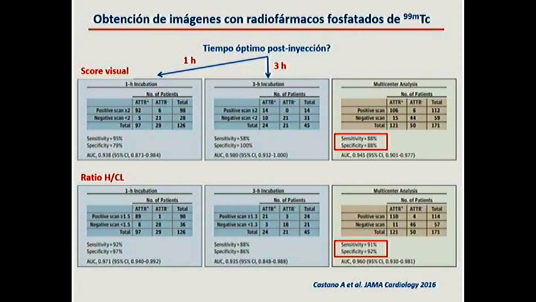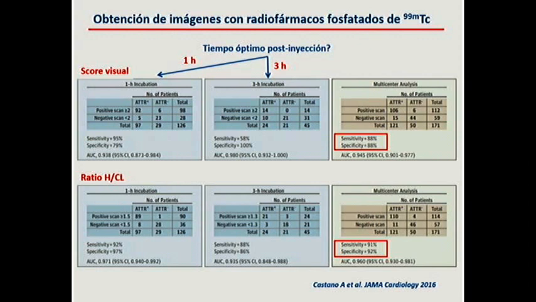When to take these images? With bone scintigraphy, we take images at 2.5 hours, 3 hours, 4 hours after the injection. But we have found that sensitivity and specificity of pyrophosphate for ATTR is different according to the moment the image is taken. See that when we take it 1 hour later, then we have a 95 sensitivity and 79 specificity.